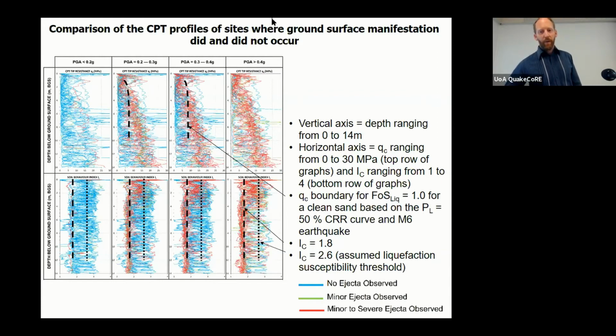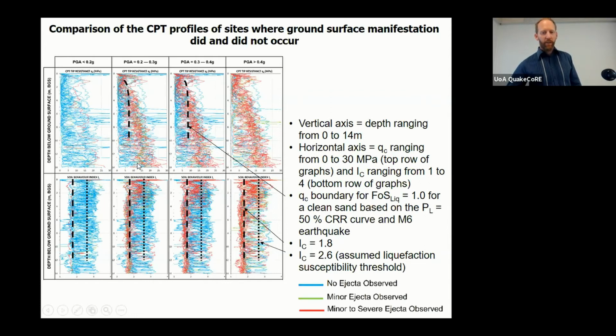What we can see when we look at this raw data is that at low levels of shaking, less than 0.2 G, we're predicting very little liquefaction, as we would expect. From 0.2 G to 0.3 G, we can see that in some soil profiles liquefaction actually occurs.